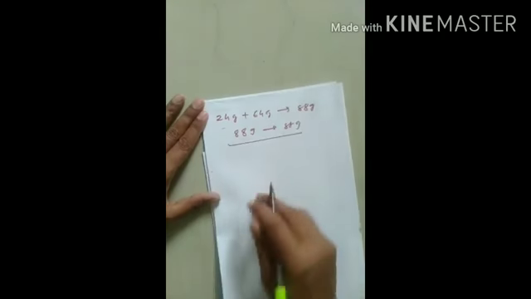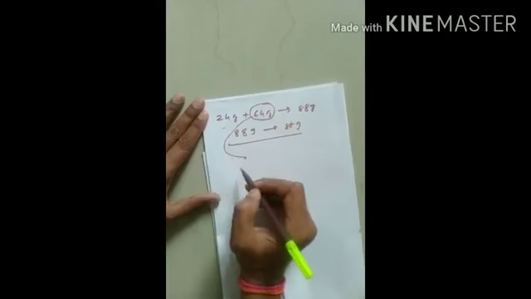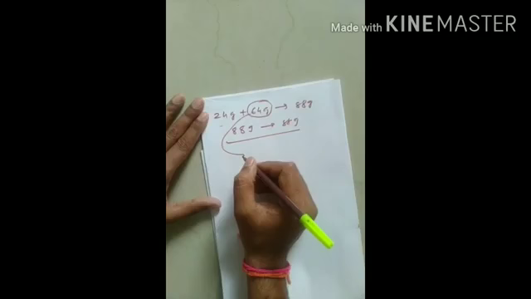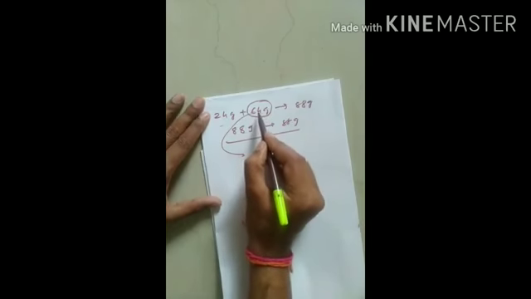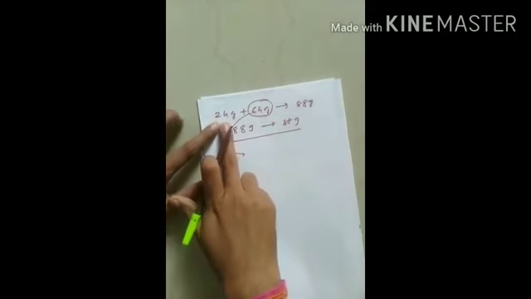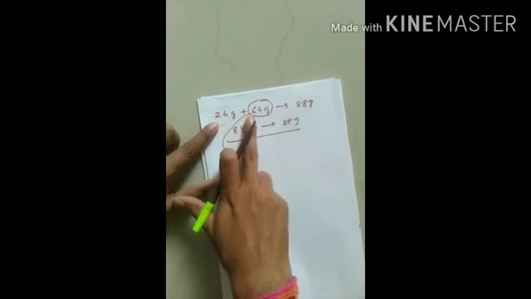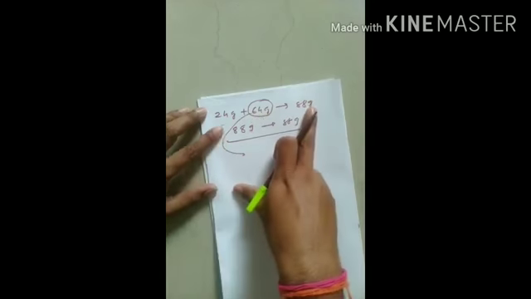Okay, so what it means is, we need this much amount of oxygen according to the question. So when 24 gram of carbon combines with 64 gram of oxygen, that gives me 88 gram of carbon dioxide.